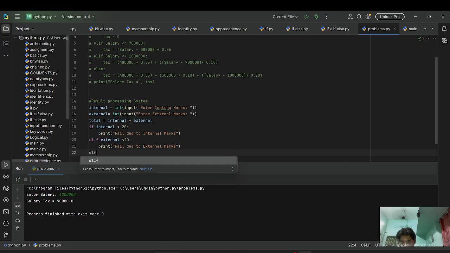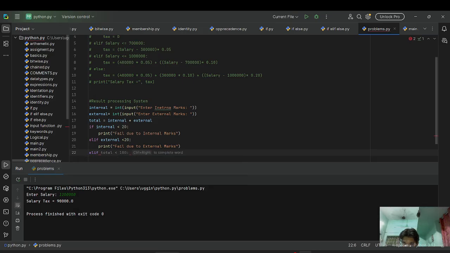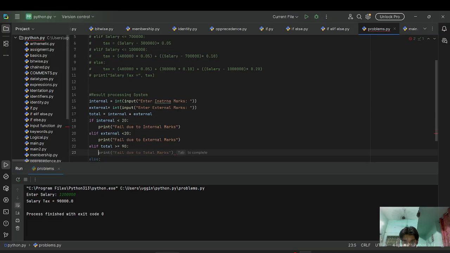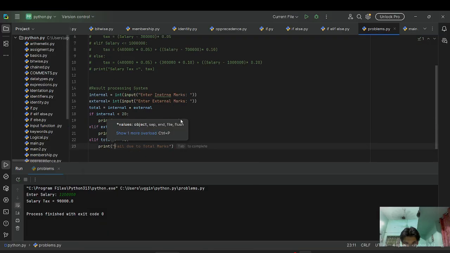And the next condition is if total greater than or equal to 90, then let's print outstanding.